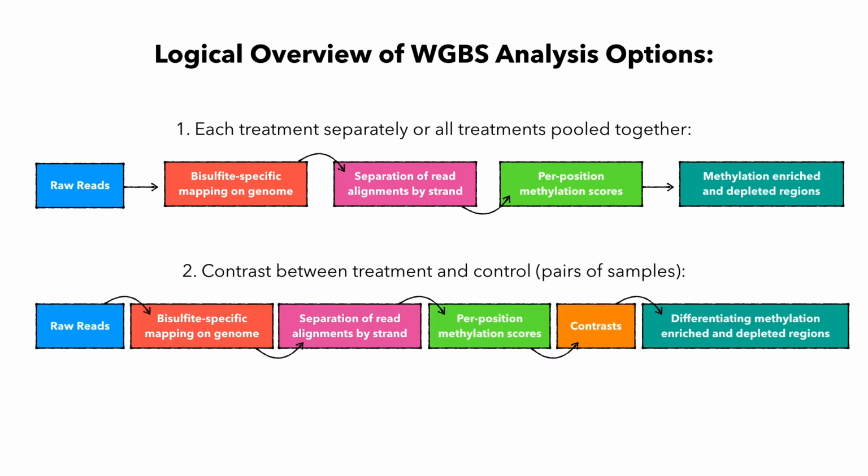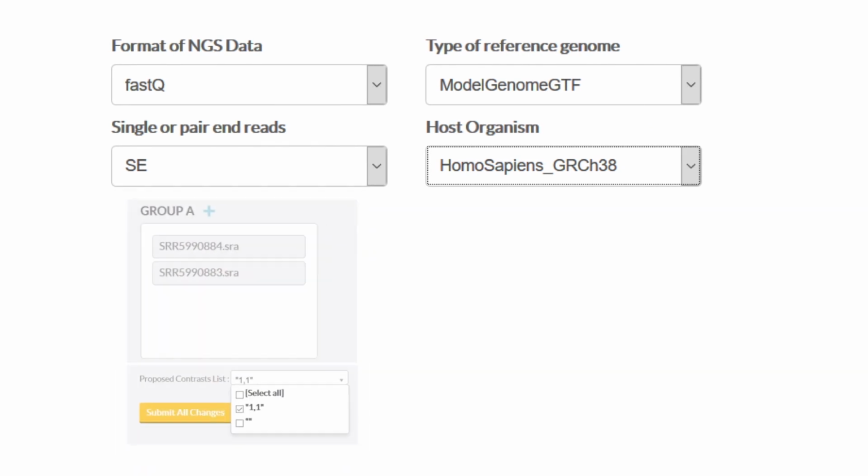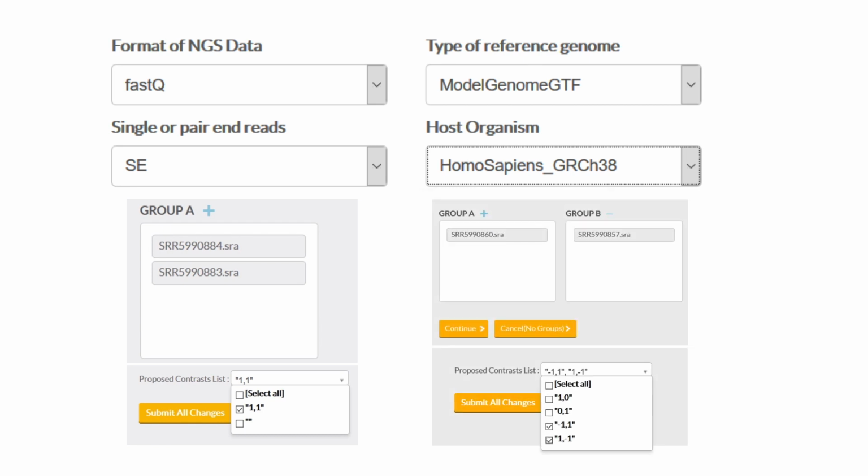When analyzing each sample separately, one does not need to determine groups of samples. All samples can be dragged into one group, and contrast for this type of analysis will be 1, 1. As a result of the pipeline, one can expect separate tables for each uploaded sample with identified methylated genomic regions for positive and negative strands separately.